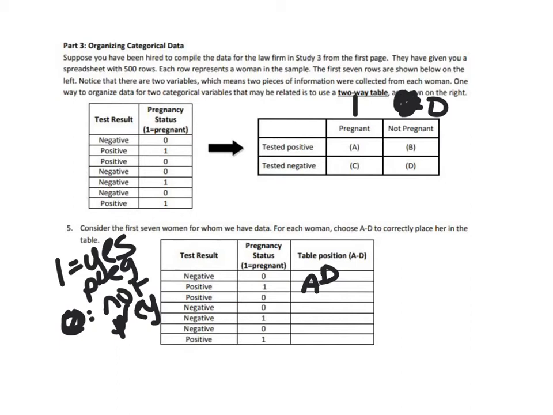And then positive and 0, positive and not pregnant is a B. Negative and pregnant is a C. Negative and not pregnant is a D. And then positive and pregnant is an A. So that's how you do the two-way tables on those.